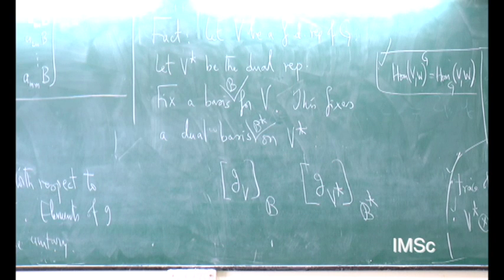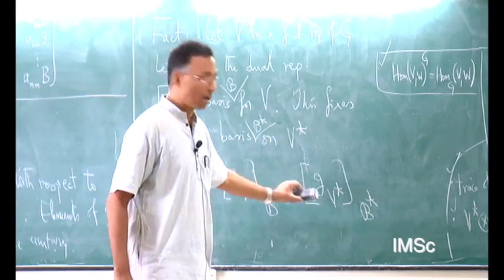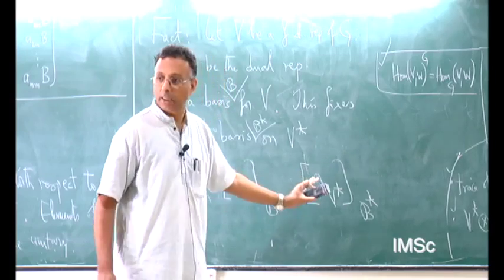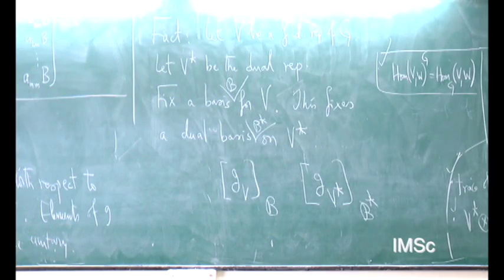You need an inner product. This is a matrix, that is a matrix. Tell me the relation between these two matrices. How do I find the adjoint of a matrix? To my understanding, an adjoint makes sense if you have an inner product or some kind of form.